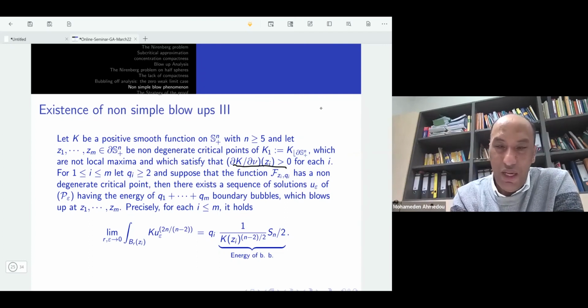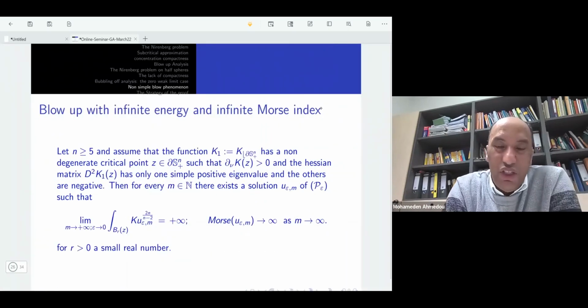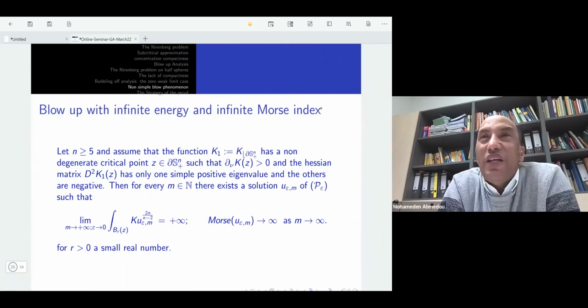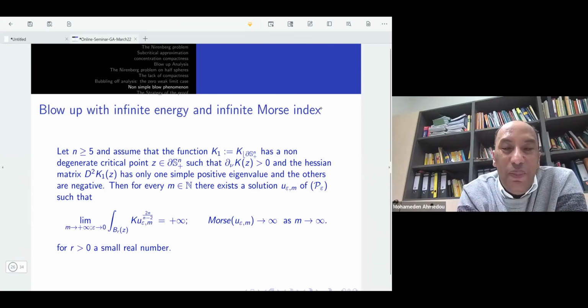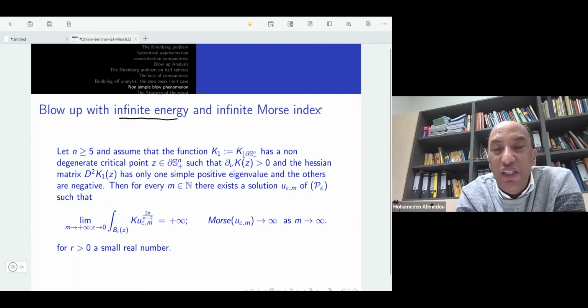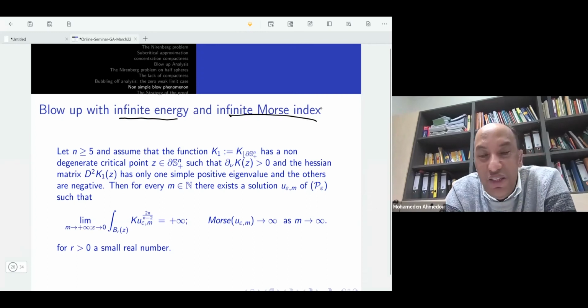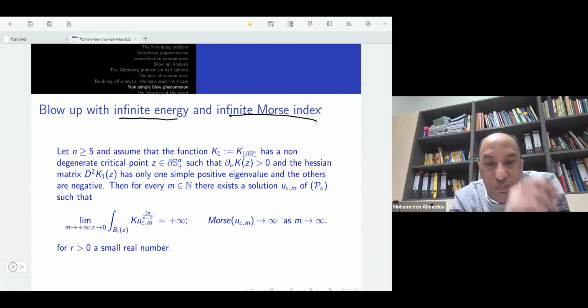There is also the last feature that I would like to emphasize. Actually, you can prove that there is a blowing up solution with infinite energy and infinite Morse index. And the condition is quite simple. So there are these necessary conditions. I will not repeat them.